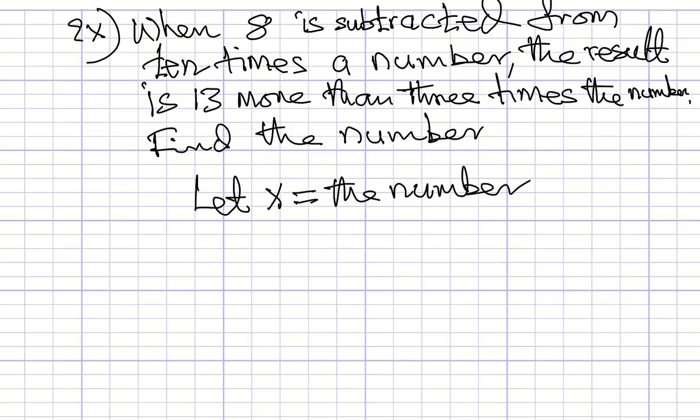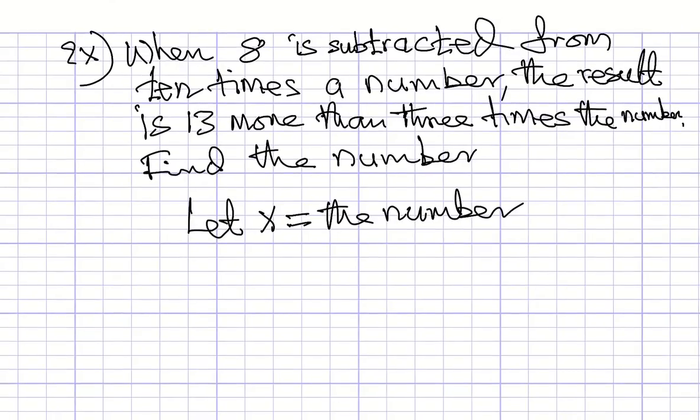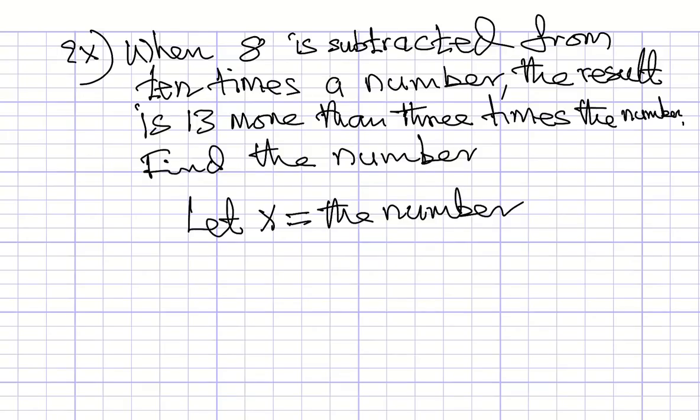All right, and then we'll go back to the problem and try to construct an equation. When 8 is subtracted from 10 times a number, so we'll have 10 times x, and 8 is subtracted from it. That's what that is saying, right? On the other side, we'll read the rest of it.